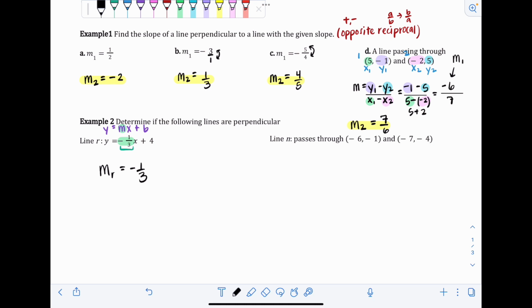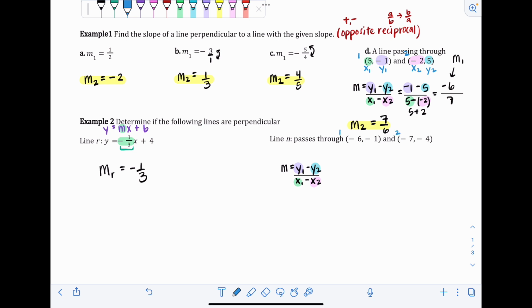Okay, so I'm going to copy the same slope formula down here. So m equals y1 minus y2 over x1 minus x2. And again, it doesn't really matter which one is your point 1 and which one's your point 2. On these points, all the numbers are negative, so I don't think it makes a big difference either way. But I'm going to say this is my point 1, this is my point 2.